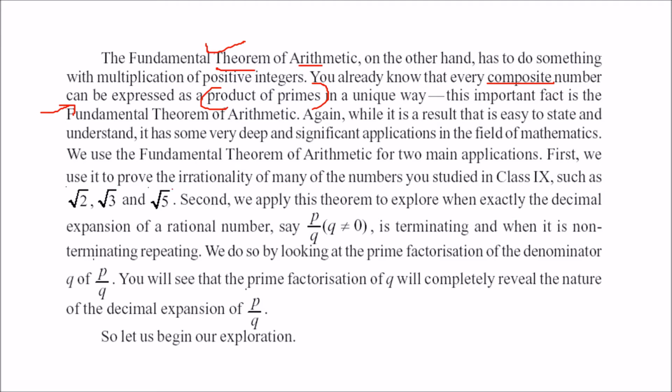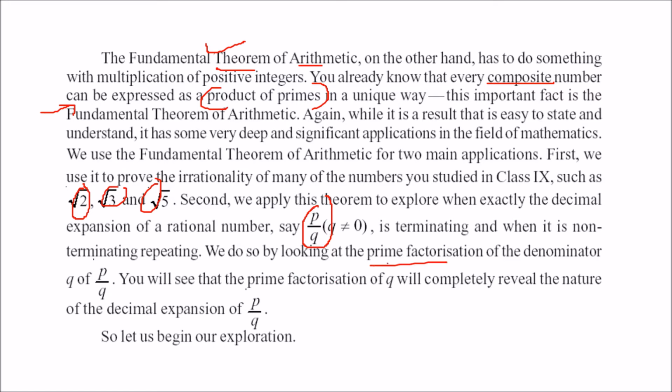We'll try to prove the irrationality of root 2, root 3, root 5. And also we'll explore how exactly we can say that this p by q is terminating or non-terminating, meaning a recurring decimal value.